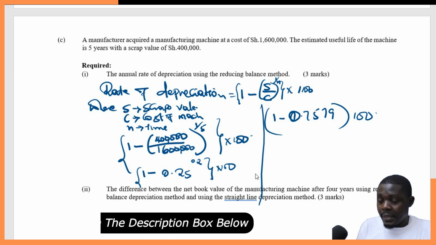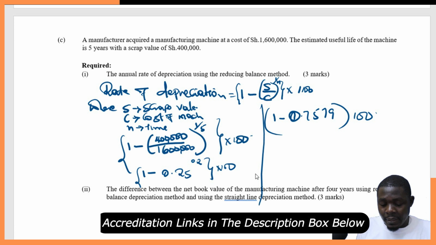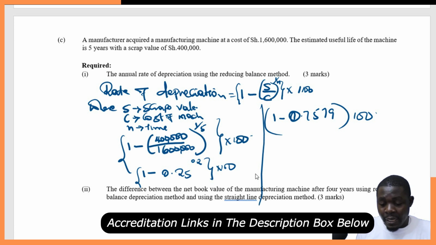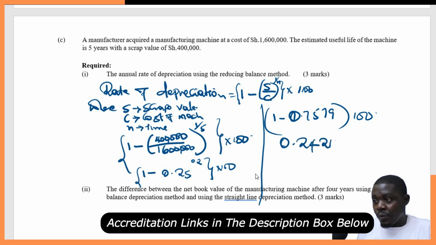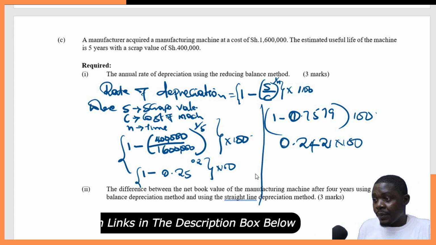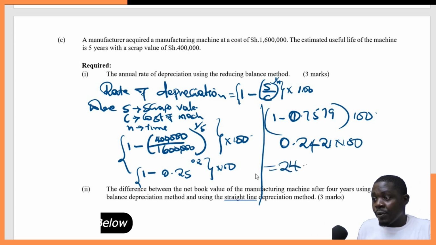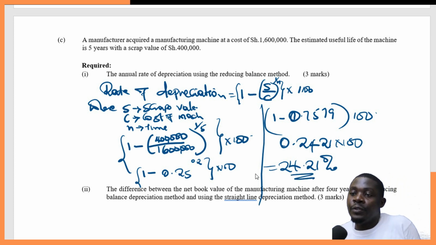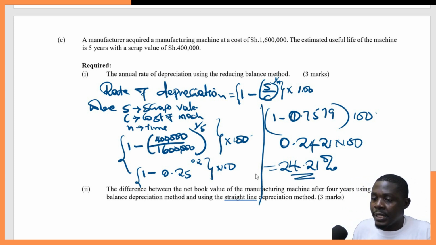Is 1 minus 0.7579. That is 0.2421 multiplied by 100. You get the rate will be 24.21%. That's the rate of depreciation, the annual rate of depreciation.